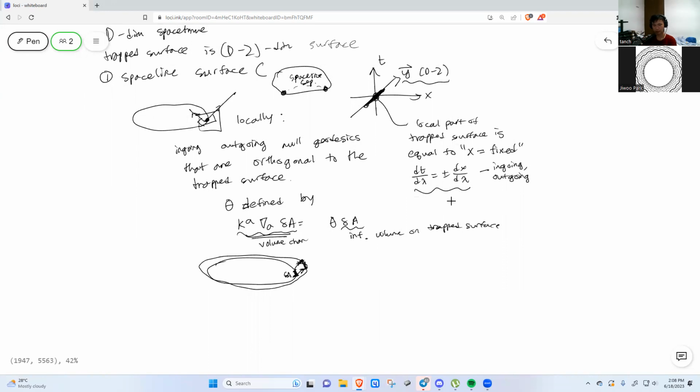I see. How do you define the covariant derivative of that infinitesimal element? A differential form. Oh, okay, right. Yeah, you can do it using a differential form and taking the covariant derivative of the differential form. That's totally cool. That is the kosher way to do it. And theta is defined so that if theta is larger than 0, this is expansion. And if theta is less than 0, this is shrinking, I guess.